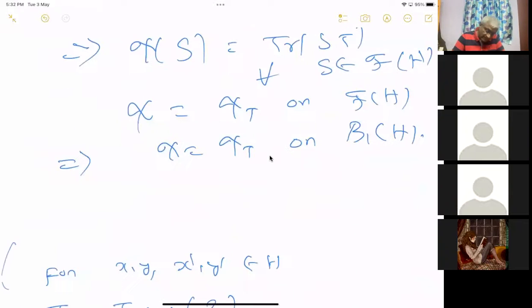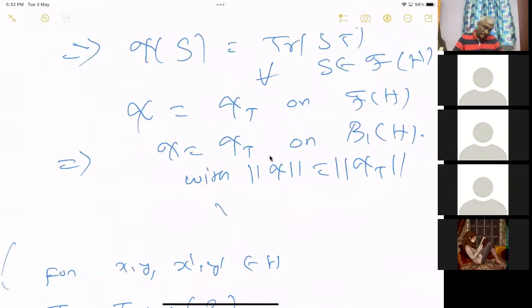So this implies norm chi equal to norm chi_T. The other direction is already proved. We have proved the proposition. I'm sorry about the confusion, but we can go through it again later. If you go through it and have a problem, we can go through it again. I can explain everything. Okay.